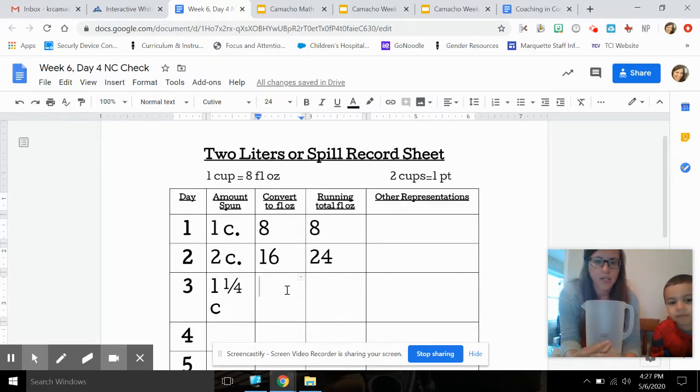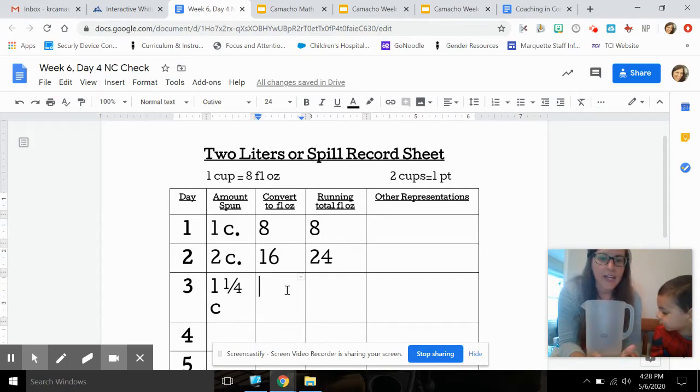So the tricky part is going to be figuring out what 1/4 of that is. If 1 cup is 8, then I need to figure out what 1/4 of that is. So if I take 8 and split it into 4 equal groups, I'm going to end up with 2 in each group. So 1/4 of 8 is 2.